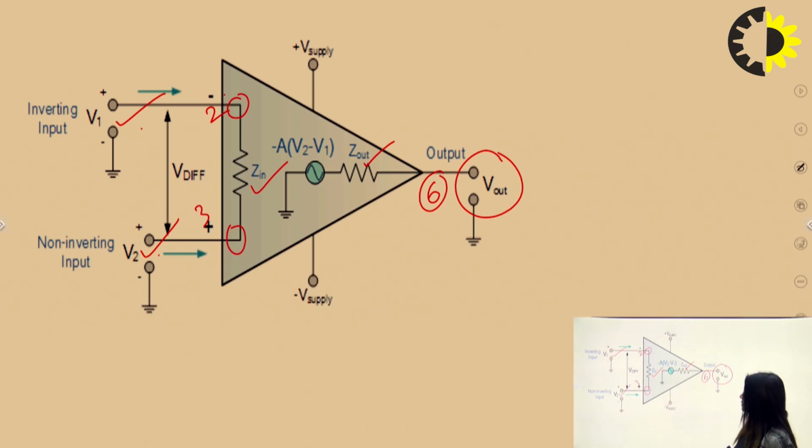The differential voltage at the input terminals is V2 minus V1, the amplification factor is A, and the total output becomes A times the differential voltage. These are the positive and negative supplies given at the 741 IC at the 7th and 4th terminals respectively.